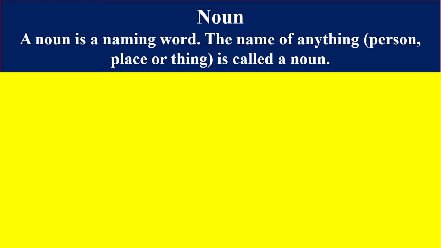Father, mother, they are nouns, okay? And you have tables, you have chairs in your house, and they are also nouns. And your house is the name of a place. Your house, your school, mosque, church, all these are nouns because they are the names of places.